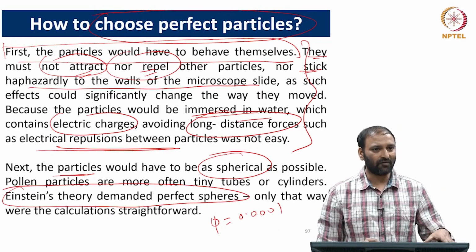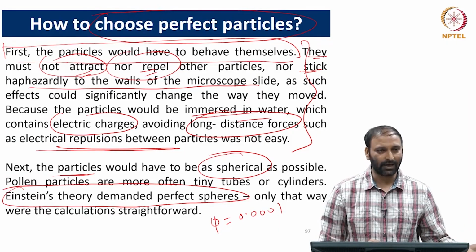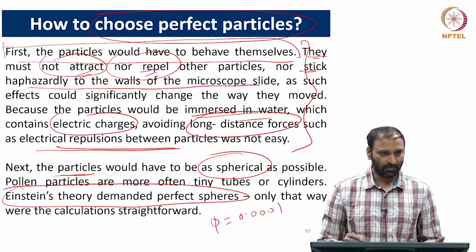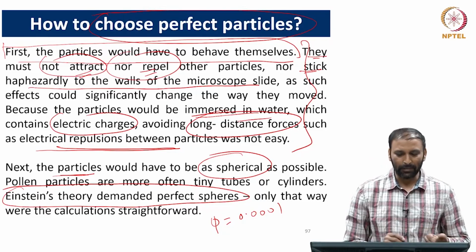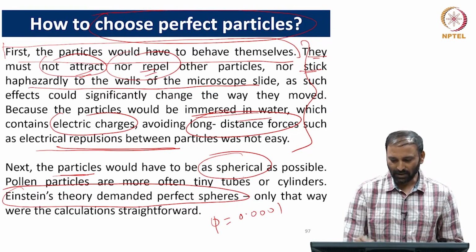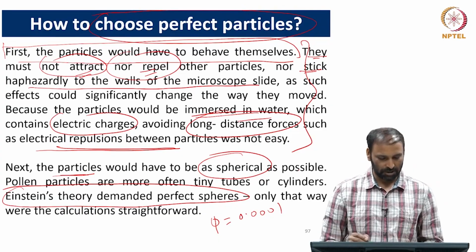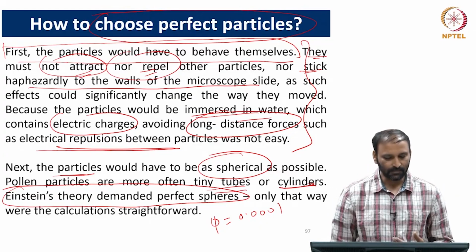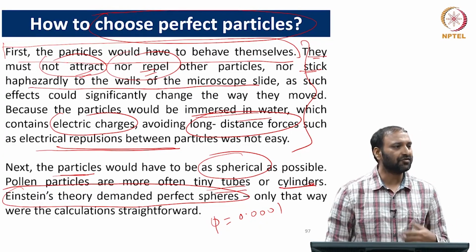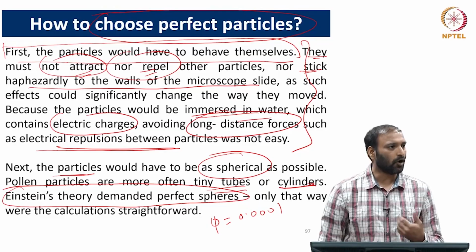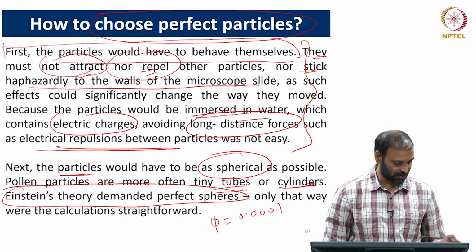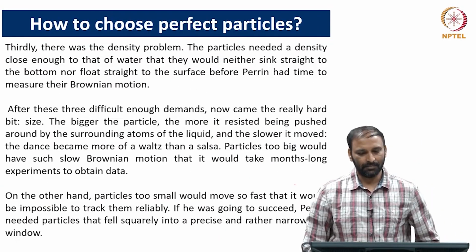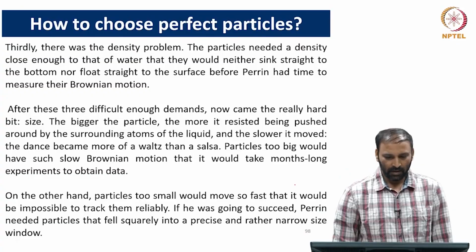But as you saw from the microscope image of the pollen grains that were used by Brown, they were aspherical. Therefore, the next requirement for his experiments was that the particles be as spherical as possible, but pollen particles are more often either tiny tubes or cylinders. Therefore, the calculation of the diffusion coefficient for such things would not be straightforward. This is a second kind of requirement, you can say.